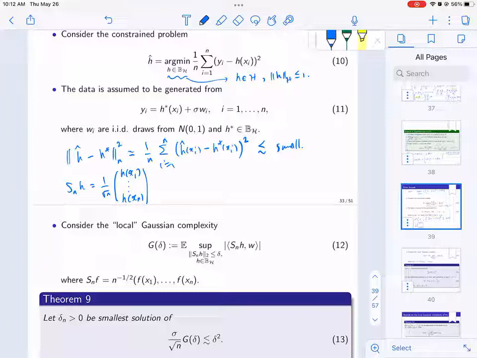So for example, the usual L2 norm of Sn h is just going to be the empirical norm in the sense that I have defined above. Okay. So this is nothing but the L2 norm of the image of h under this linear transformation.